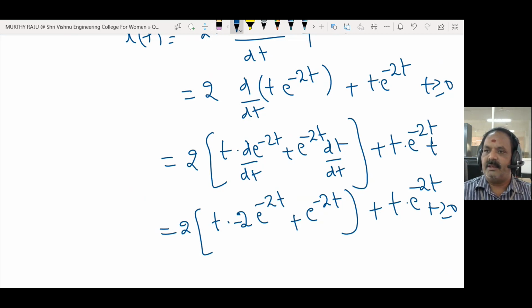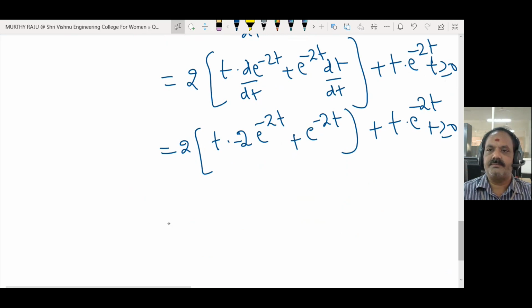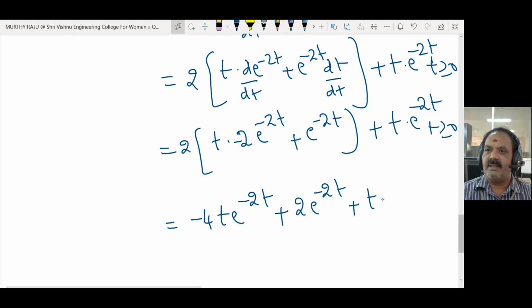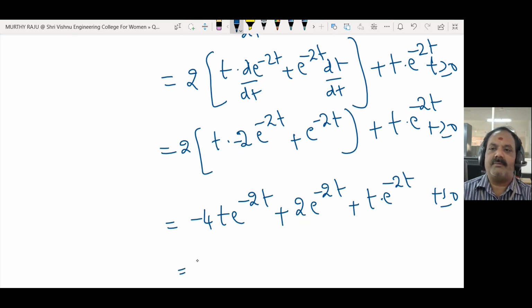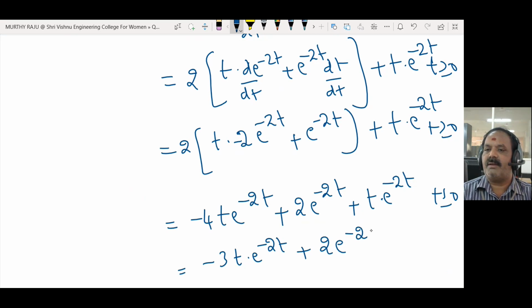So 2 into (minus 2t e power minus 2t plus e power minus 2t) plus t e power minus 2t, that is minus 4 plus 1, minus 3 into t into e power minus 2t, plus 2 into e power minus 2t, for t greater than or equal to 0.